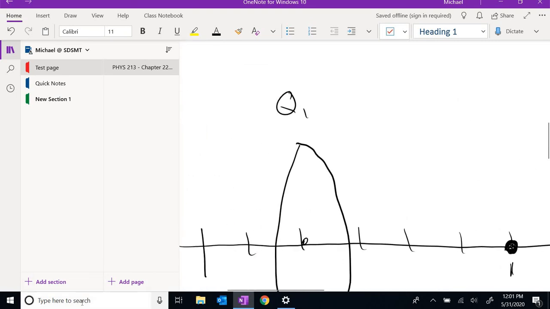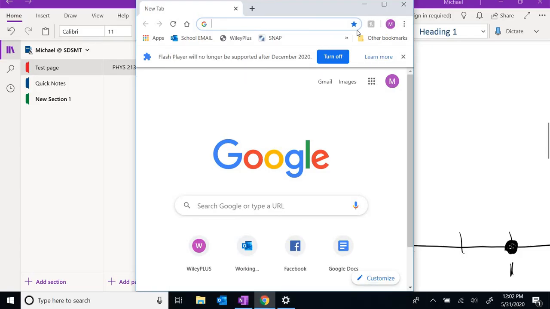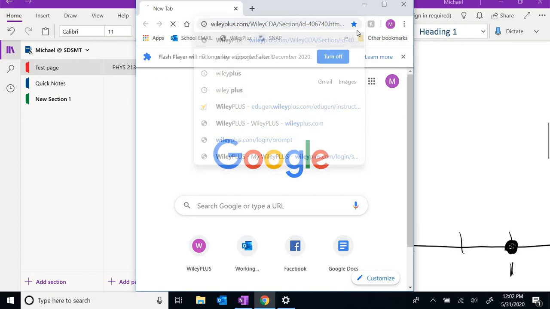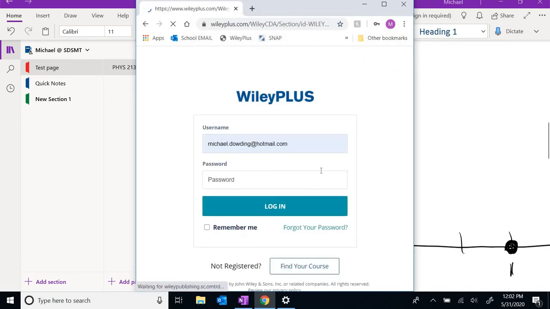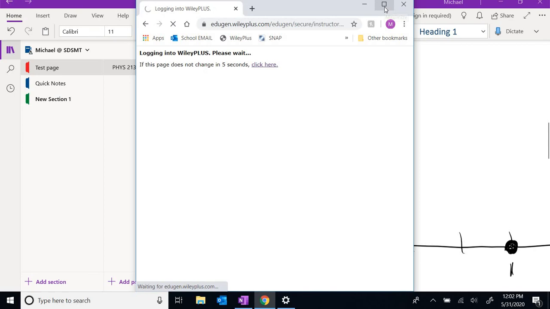What I want to do right now is I want to go and get the equation for the ring of charge, and I know we have that in a previous lecture, but in the meantime, what we can do is we can go to Wiley Plus and log in and go to the Read Study Practice section.